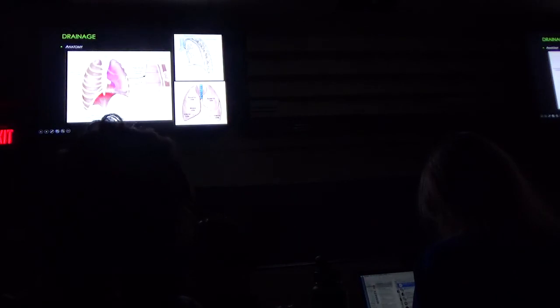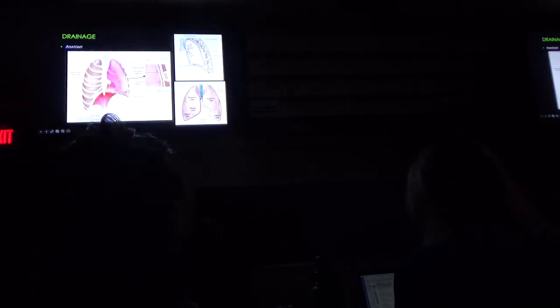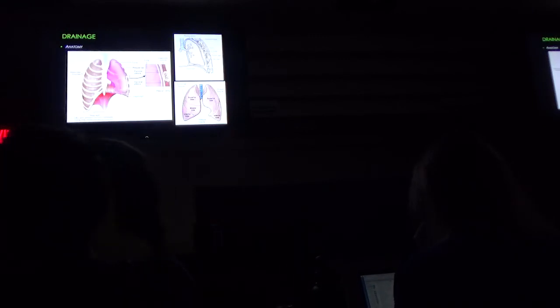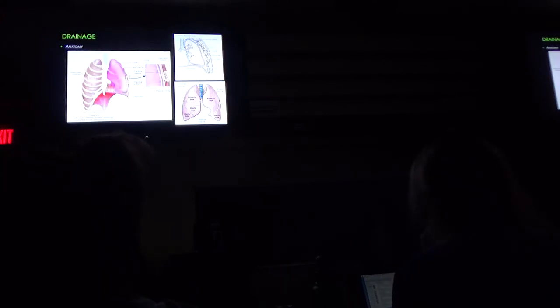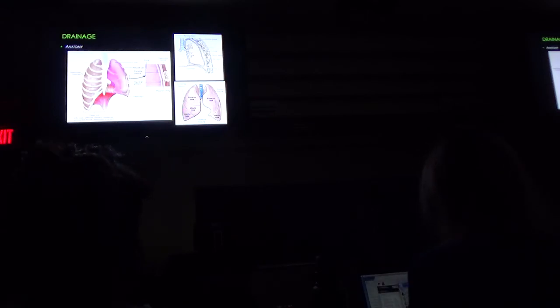All right. Other drainage would be such as in interventional radiology, where we did drainage of abscesses, or even thoracentesis, draining of the lungs. This picture on the upper right-hand side is actually indicating a chest tube. Oh, there's two of them there. See the one that's even higher superiorly?